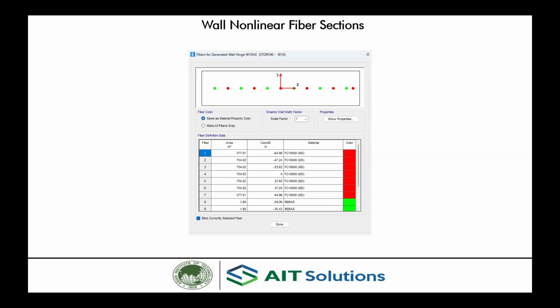Again, I would emphasize that this is not completely automatic. You still need to provide some information, but ETABS does most of the hard part. The only thing that the user has to do is to make sure that the information it is providing to the software is correct.